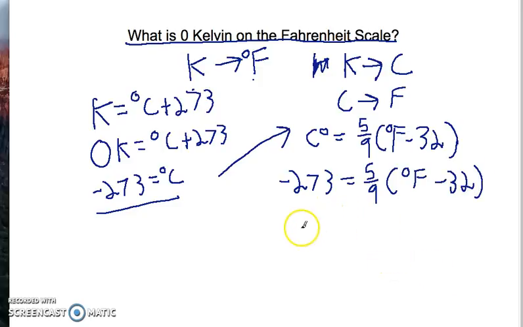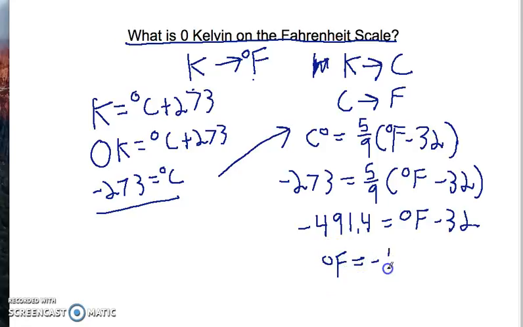We do the math out. We divide both sides by 5/9. We get negative 491.4 is equal to degrees Fahrenheit minus 32. And then we'll add 32 to each side. So we'll get negative 491.4 degrees Fahrenheit.